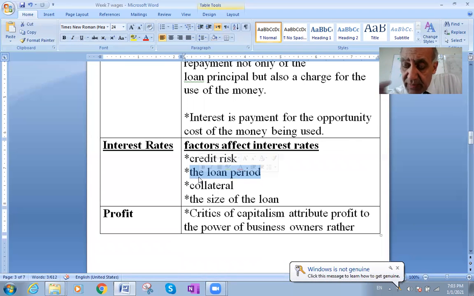But if I lend you money for 5 years, not 1 year, then you will pay 20% interest. So the longer the time period, the higher the interest rate.